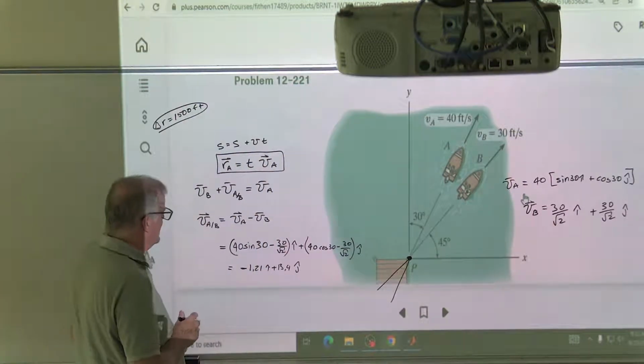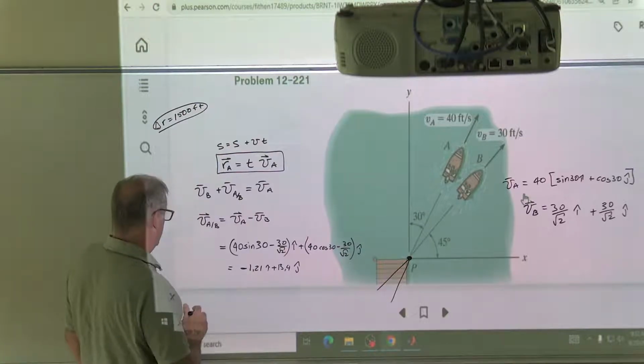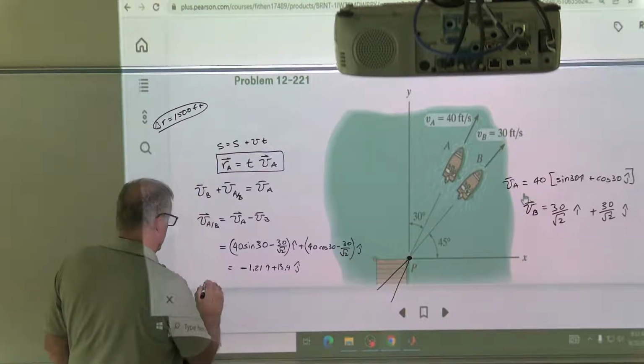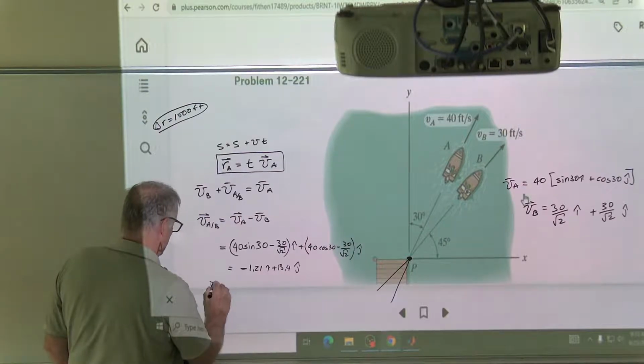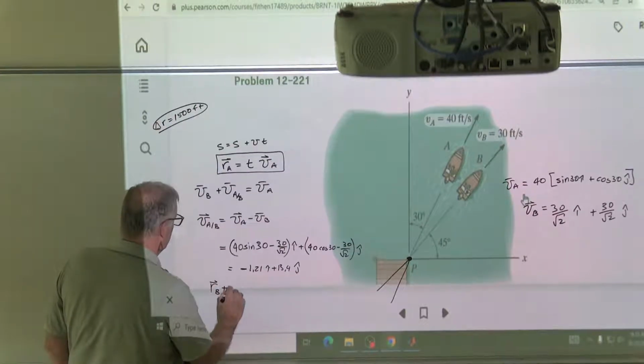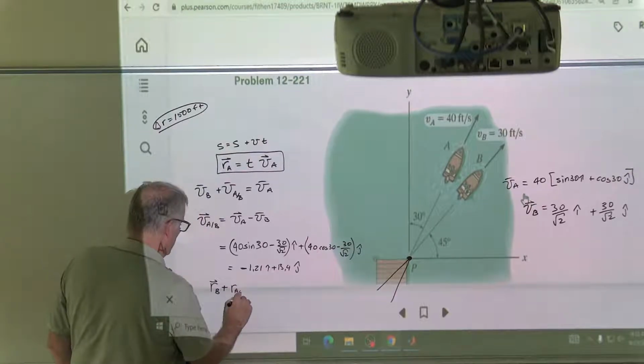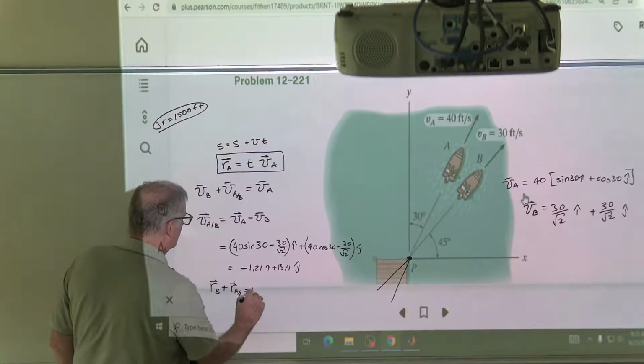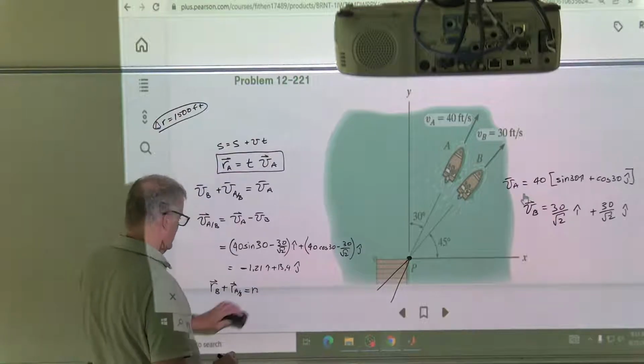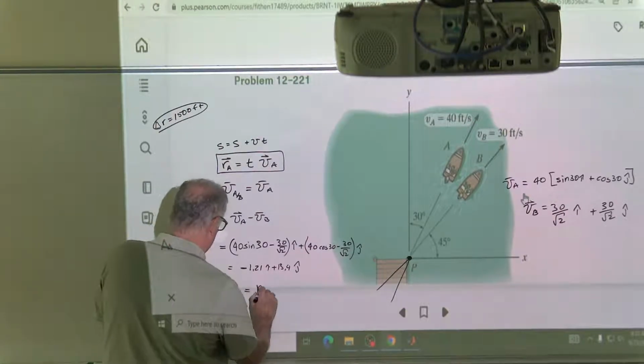If that's the case, then all you've got to do is take the position of B, or plus R A to B equal to R A.